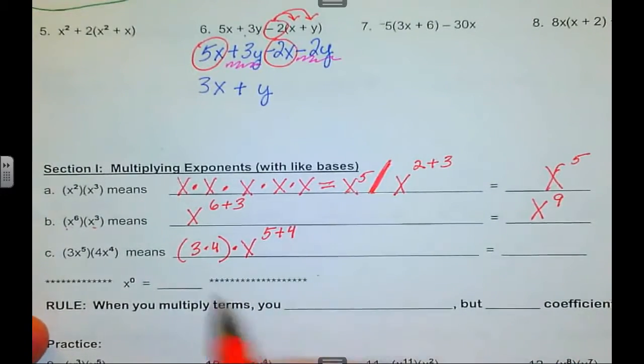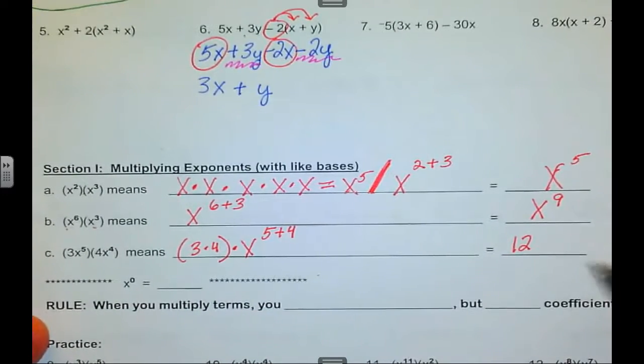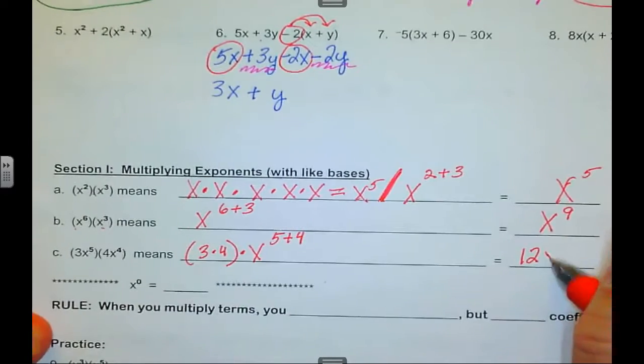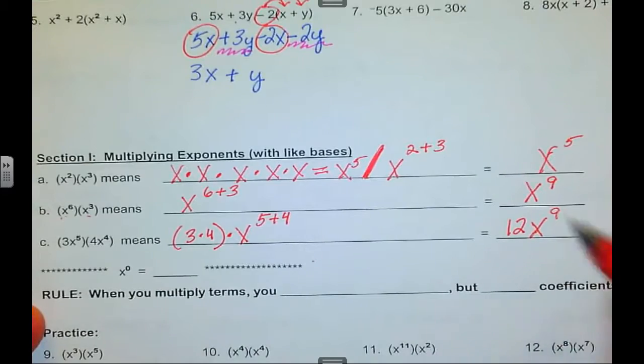So this gives me 3 times 4. Gives me a new coefficient of 12. X to the 5 plus 4, 9.